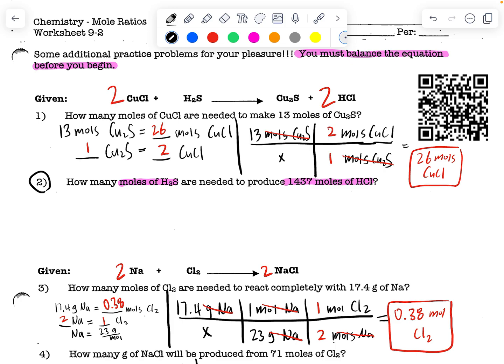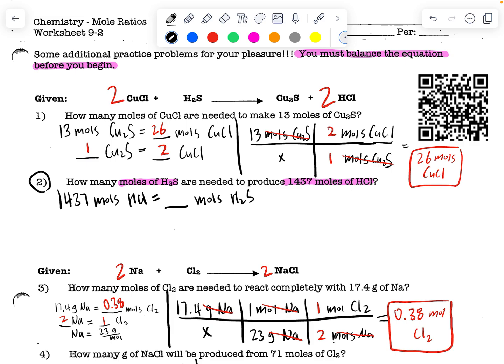Okay, so as always, I like to set up what is my objective for this question here, right? So I'm going to go ahead and write that down. So that's 1437 moles of HCl is equal to how many moles of H2S would that be?